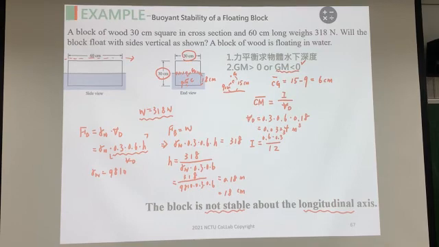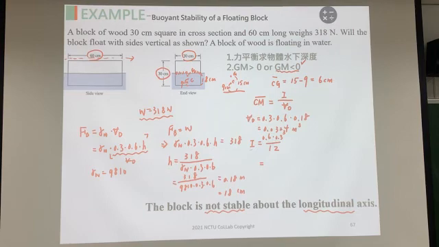As I emphasized, if the length is parallel to the rotation axis, the power is only 1, but if it is perpendicular to the rotation axis, the power is 3.